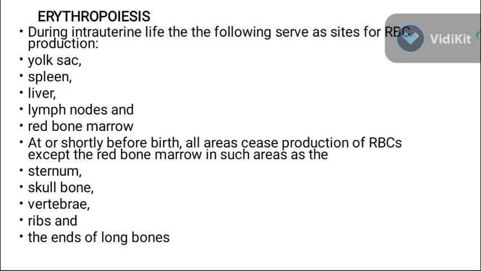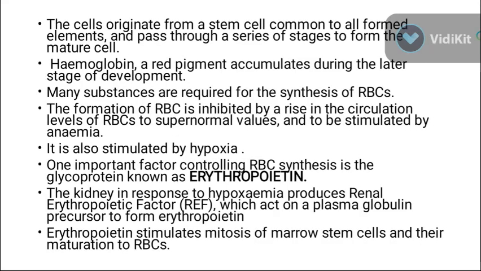At or shortly before birth, all areas cease production of RBCs except the red bone marrow in such areas as the sternum, skull bone, vertebrae, ribs and the ends of long bones. The cells originate from a stem cell common to all formed elements, and pass through a series of stages to form the mature cell. Hemoglobin, a red pigment, accumulates during the later stage of development.